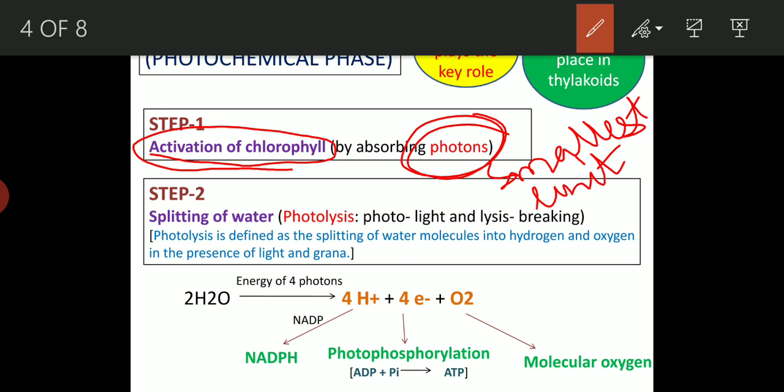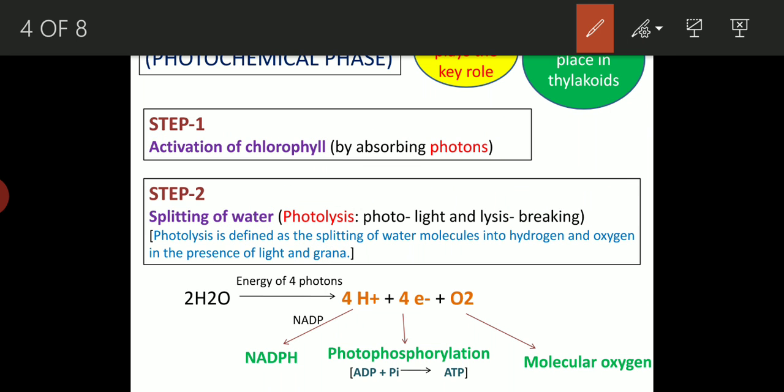And the next step is the splitting of water. Splitting means the breaking of water. Water gets split, or water breaks. This is known as photolysis. Photo means light, lysis means breaking. That means here the water molecule gets split, or breaks, in the presence of light.